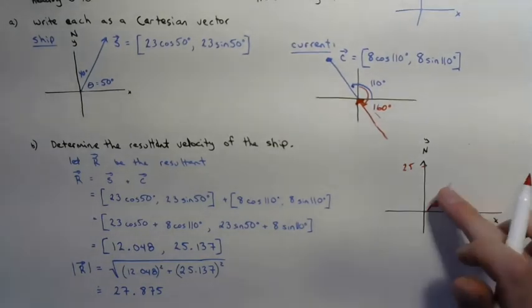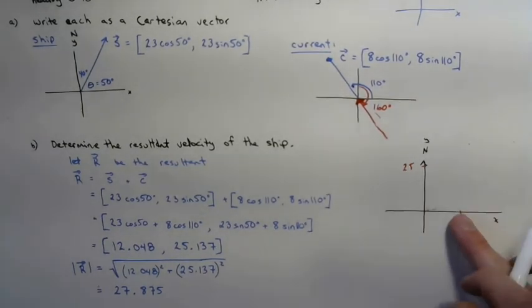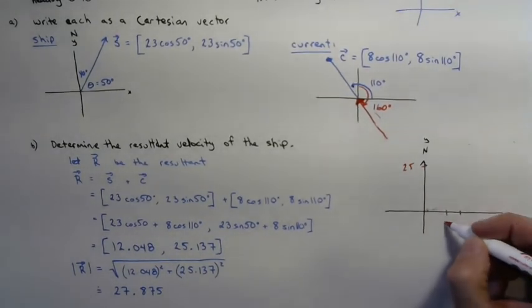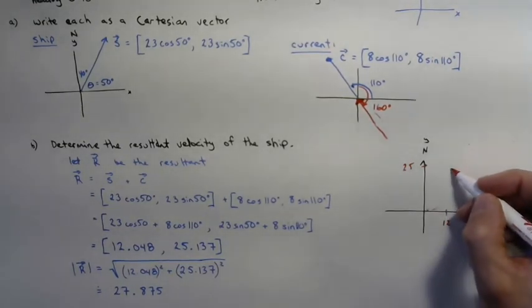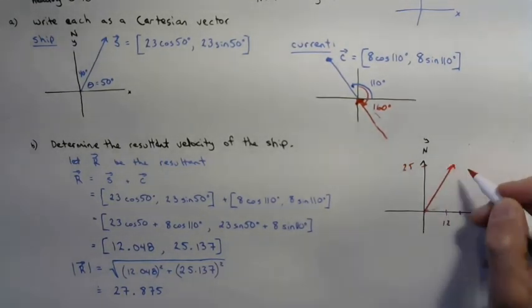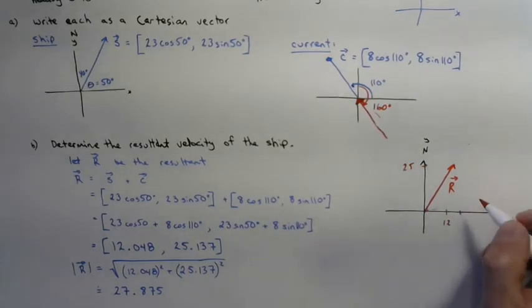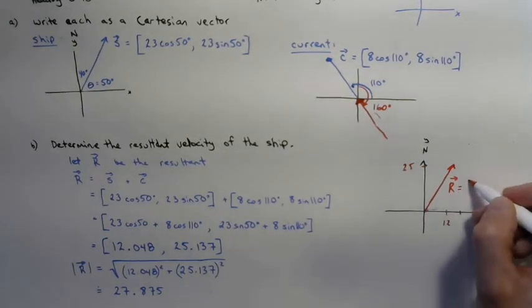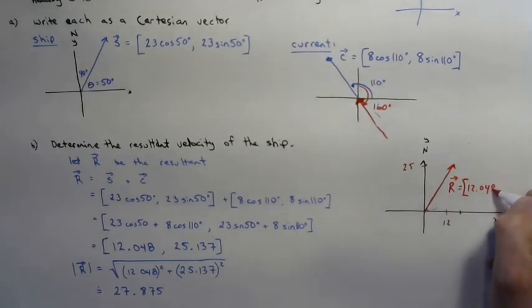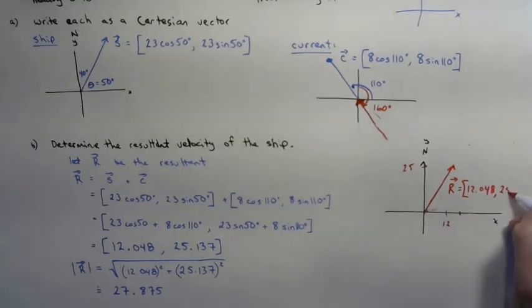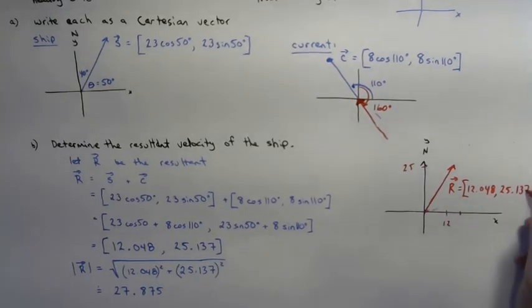Okay, that's really a terrible drawing. Let's at least do it a little bit to scale. 12, 25. It's a bit better. There's our resultant. 12.048, comma 25.137.